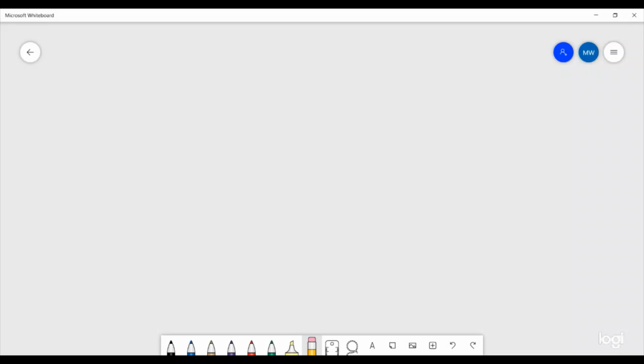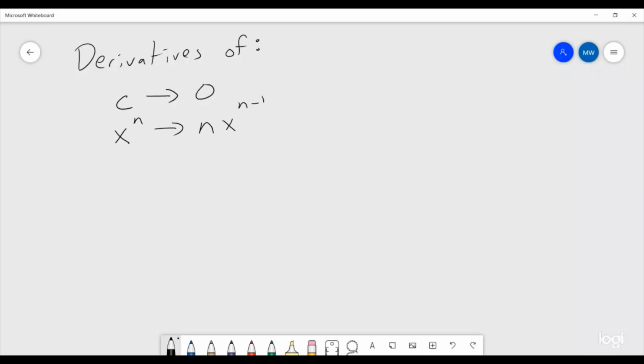So, the derivatives of the following. A constant goes to 0, x to the n goes to n x to the n minus 1. A constant times a function goes to the constant times the derivative of the function. e to the x goes to e to the x.